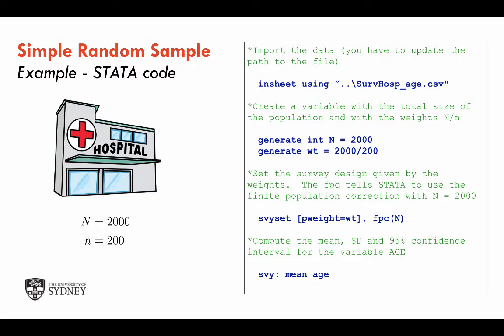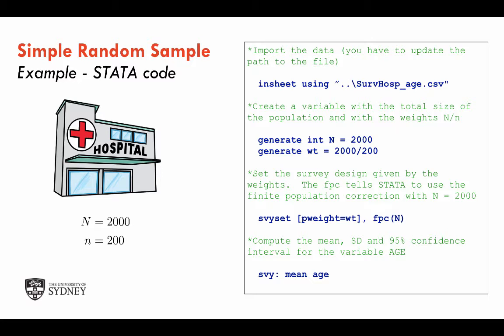So we start in Stata by reading the data, importing the CSV file. Then we generate an integer that is going to be the size of the population, and another variable WT corresponding to the weight of each individual. Because this is a random sample, each individual is going to have the same weight, given by the population size divided by the sample size, so 2000 divided by 200.